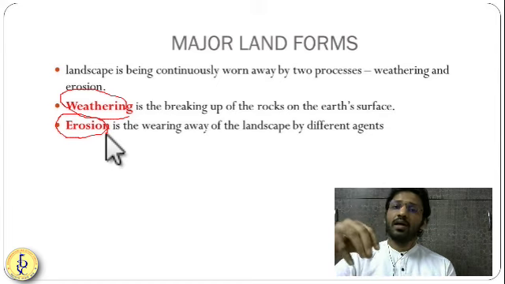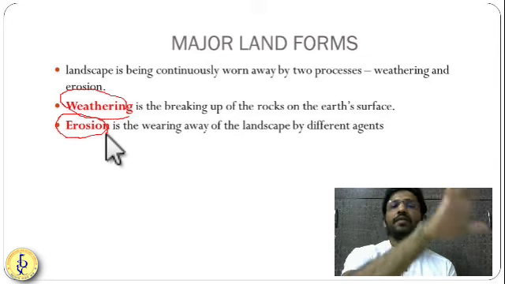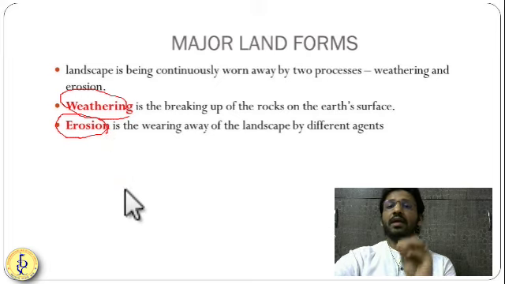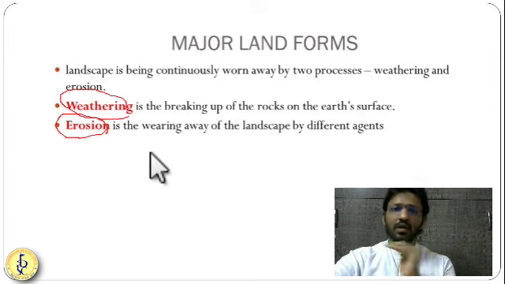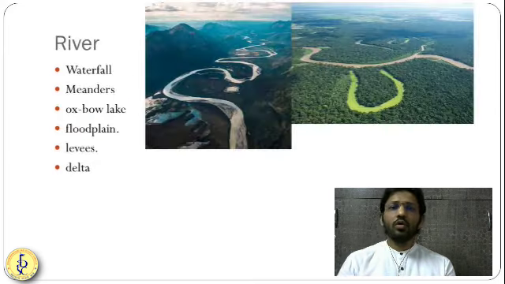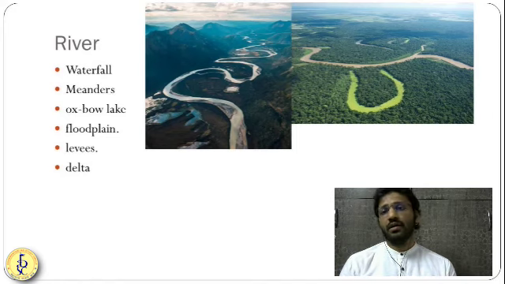If that rock is transported by water or wind from one place to another place, we call it erosion. So remember this, in erosion, transportation of material is involved. In weathering, there is no transportation of material. Okay. So let us understand the landforms created by the different agents of erosion.